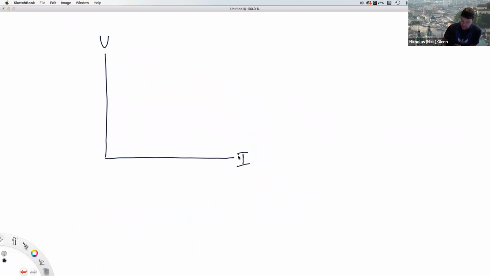We have income on the x-axis. Utility is a function of income. And risk averse people have diminishing utility here. They get a lot of utility out of income at lower levels. But then as you get to higher and higher levels of income, the utility goes up a smaller amount.